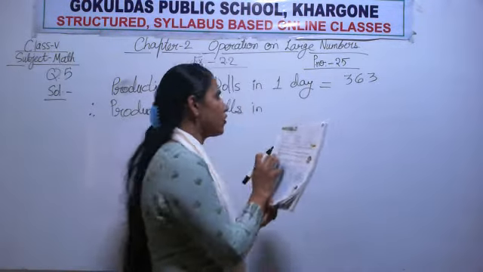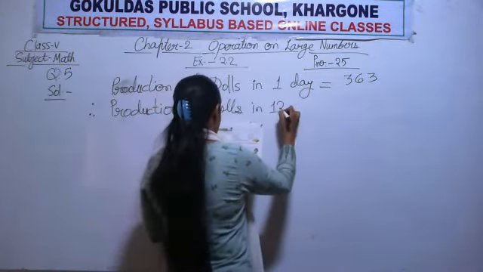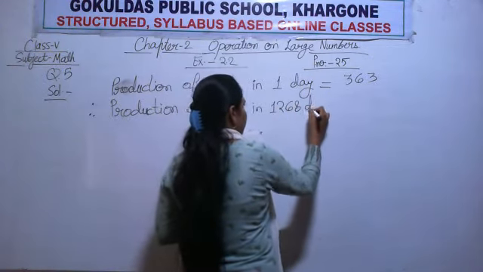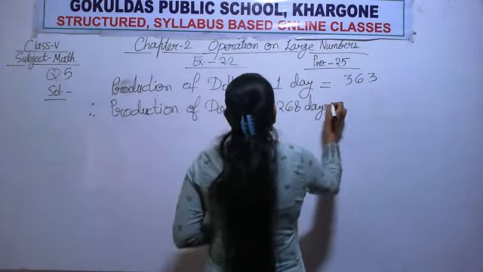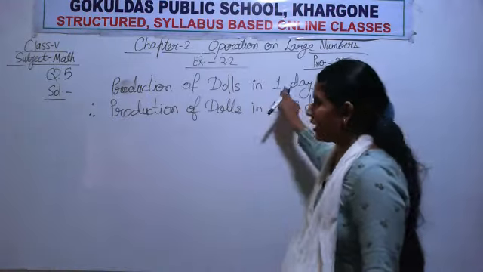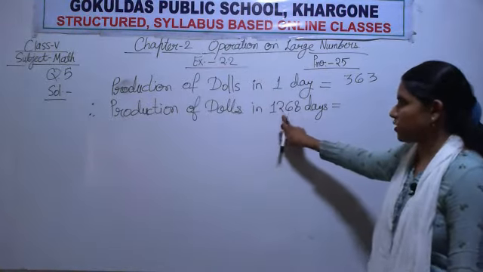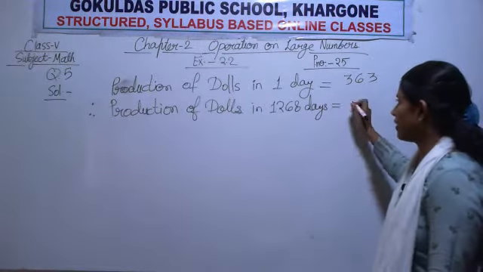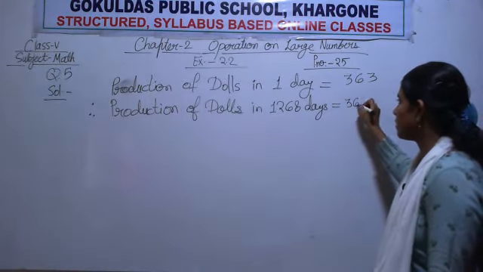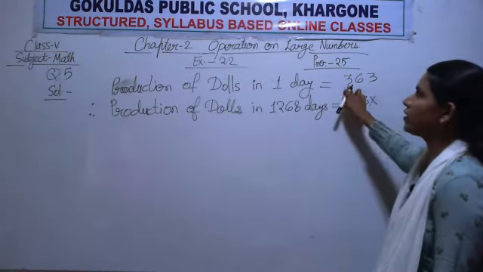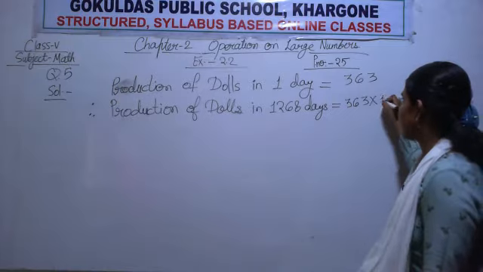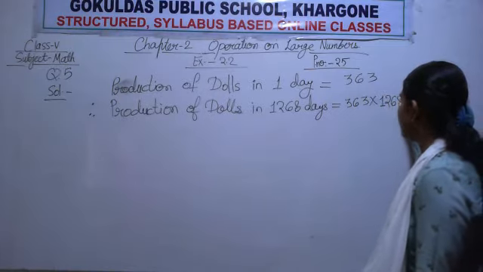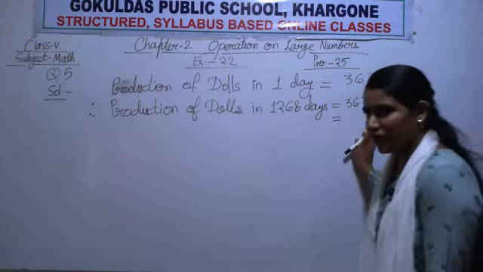They have asked for 1268 days. They have given the data for 1 day and they are asking for 1268 days. So in such a case we do multiplication. So 363 multiplied by 1268.